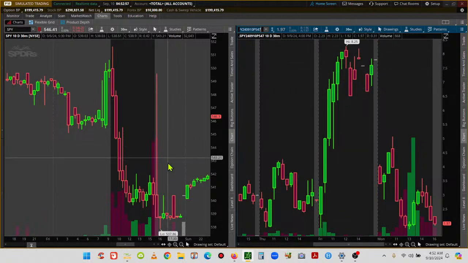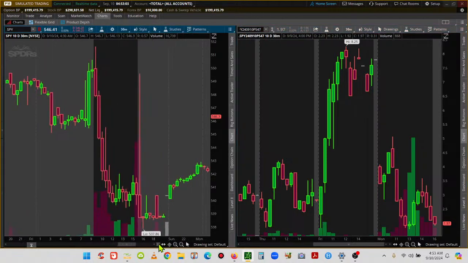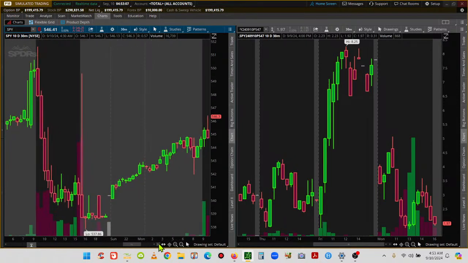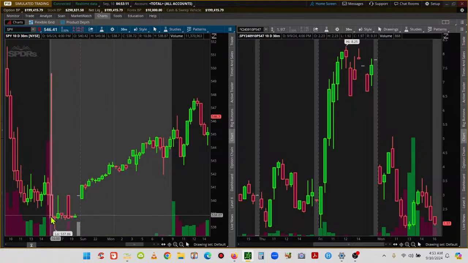But then we move forward to the next day. You see the grayed out area is the aftermarket trading, and you see that it closed back here, right there, deep in the money below 539, and the contract is 547.